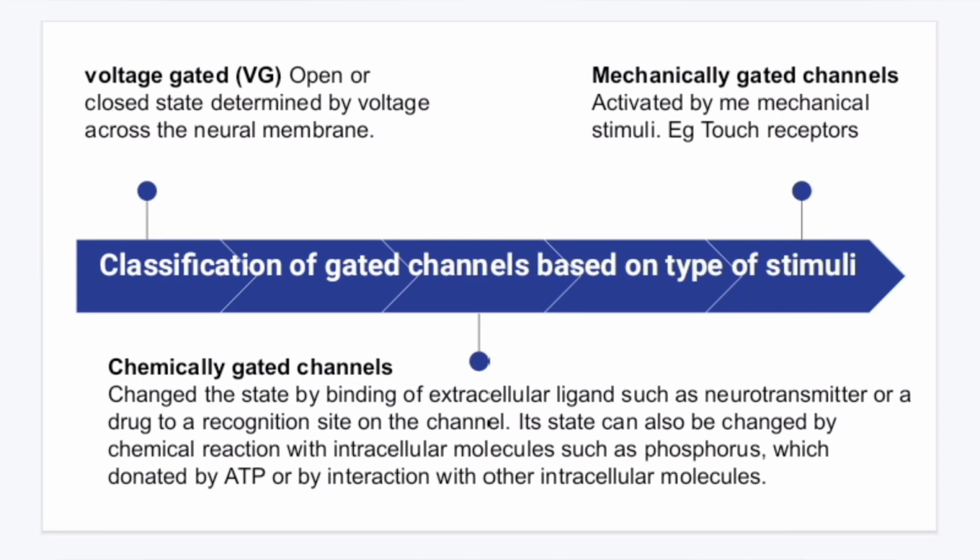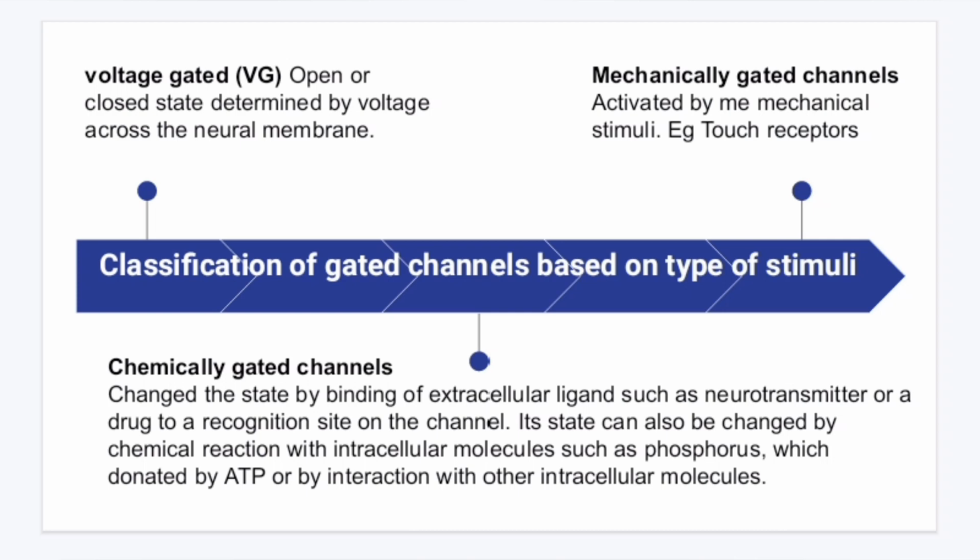Now coming to the classification of gated channels based on the type of stimuli, it is mainly of three types: voltage gated, chemically gated and mechanically gated channels. In the case of voltage gated, the opening and closing state is determined by the voltage across the neural membrane.